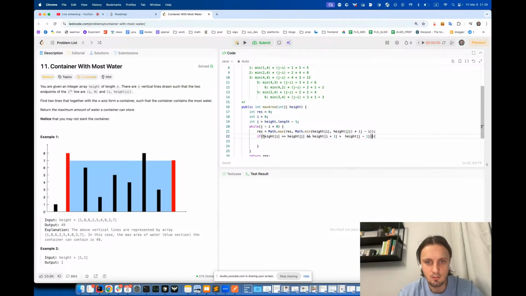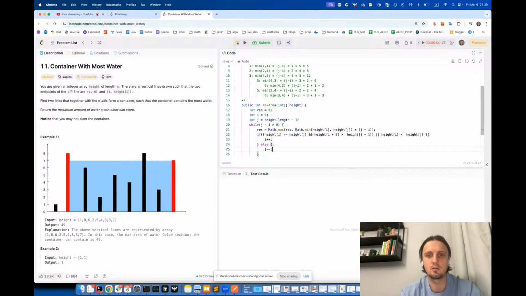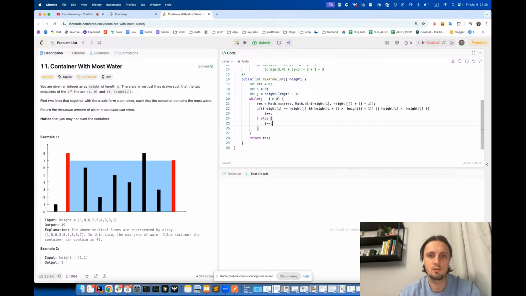So it's actually our first logic. Then the second logic: if height i is less than height j, we should do i++, otherwise we should do j--. And we should do these operations.